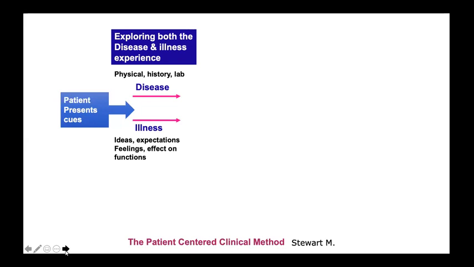So the physician, therefore, should explore both and should not miss any of these two. So the physician would look into the physical, history, and laboratory results that will now define the pathology or the disease the patient has.